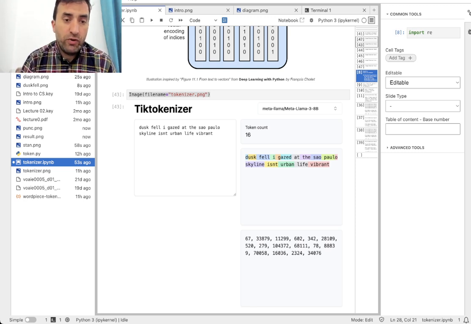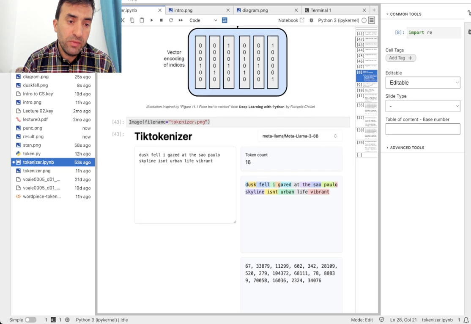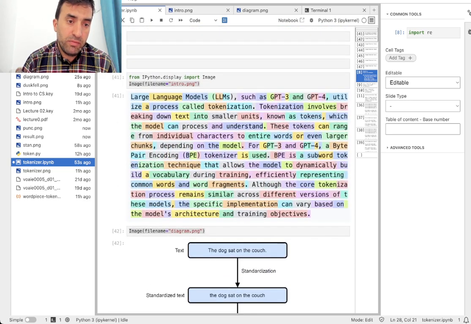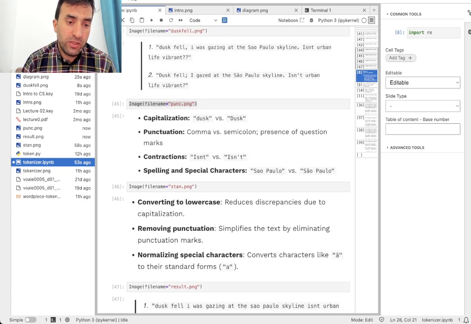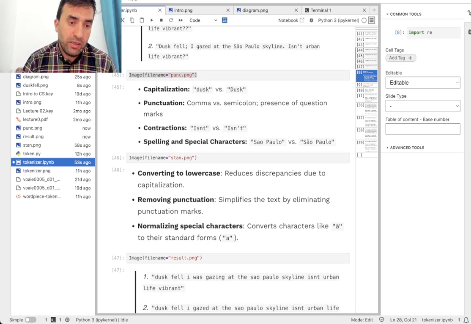For instance, the sentence "the quick brown fox jumps over the lazy dog" can become "the", "quick", "brown", "fox", "jumps", "over", "the", "lazy", "dog".